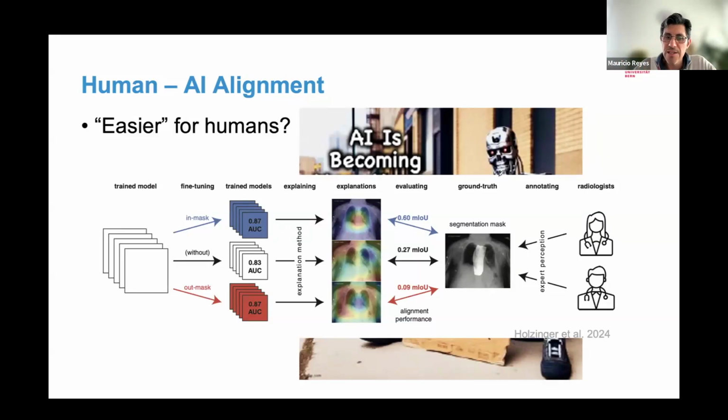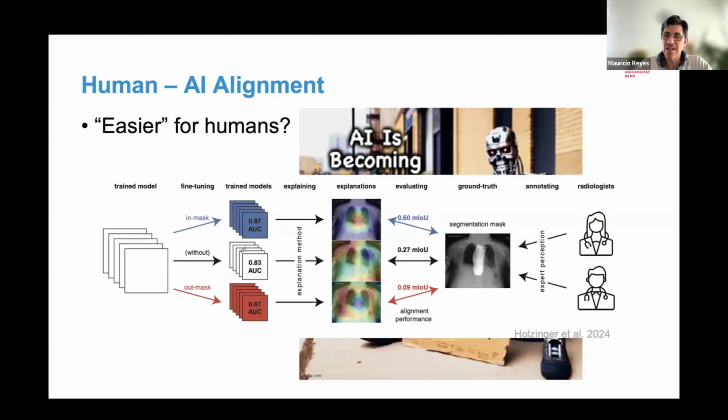The blue model is a model where there was an alignment with the human. You see here on the right, the humans provide some areas of attention, saying, AI, look at this area, right? The white model is basically your vanilla model where there's no guidance whatsoever. And then at the bottom, we see a red model. This is the opposite. Basically saying, do not look at what the humans do.